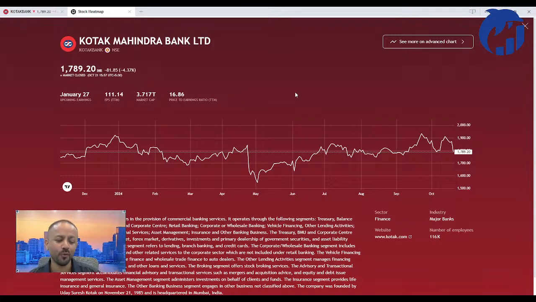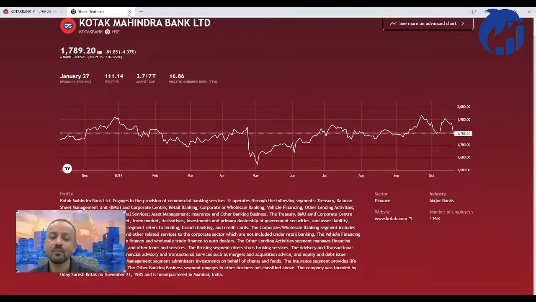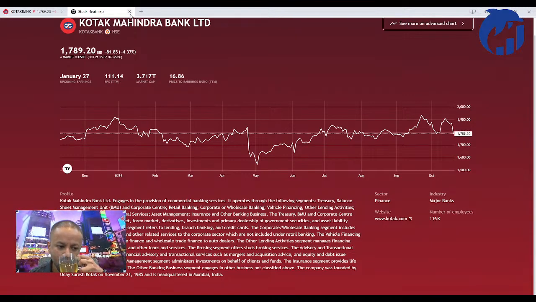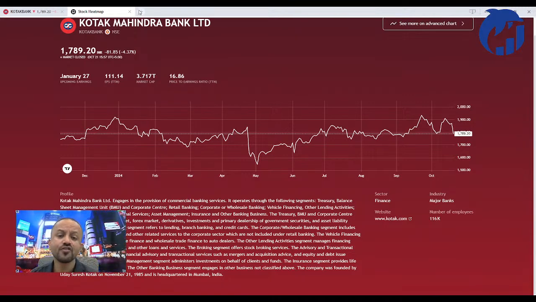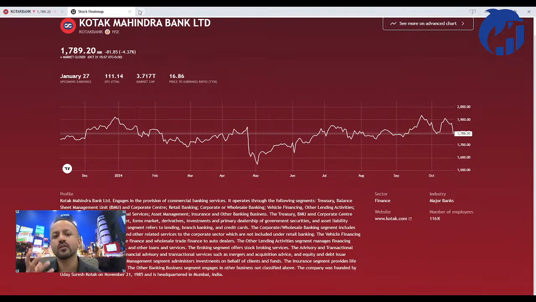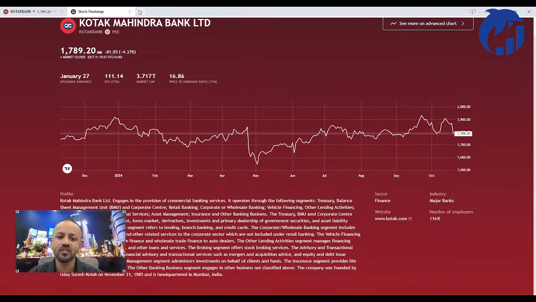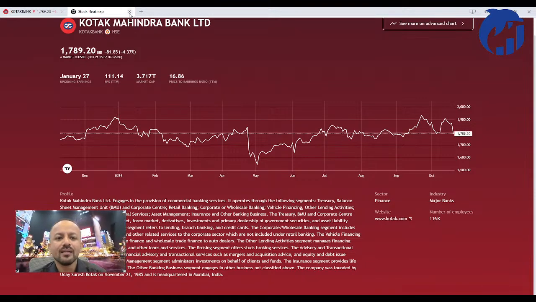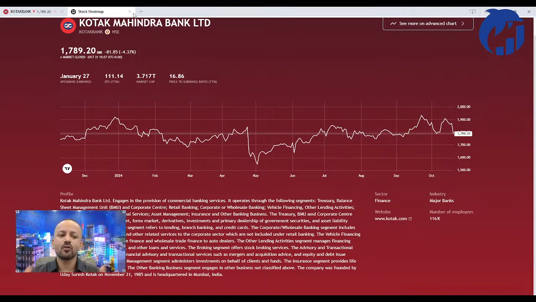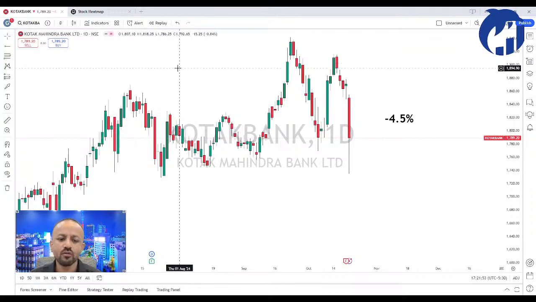Heavily red. It's maroon. It's been tanking because of the quarterly earning results. There was a mismatch between what people had assumed and speculated and the result that was published today, which did not resonate, right? It did not go hand in hand. And that is why you had such a strong downfall.